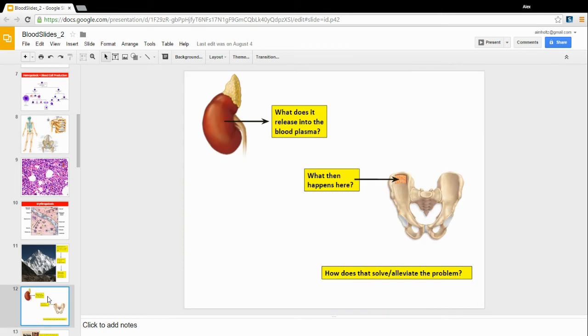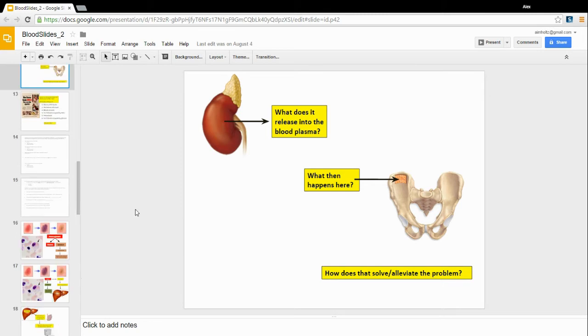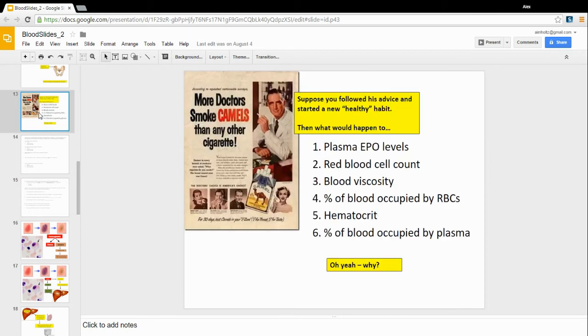And erythropoietin is made by the kidneys. It's a hormone, so it travels in the blood to the red bone marrow, causes red bone marrow to do more erythropoiesis, and we make more red blood cells.